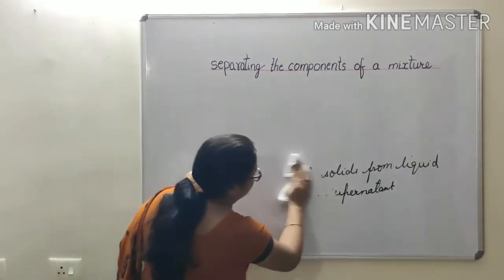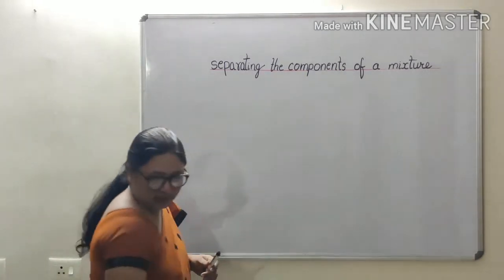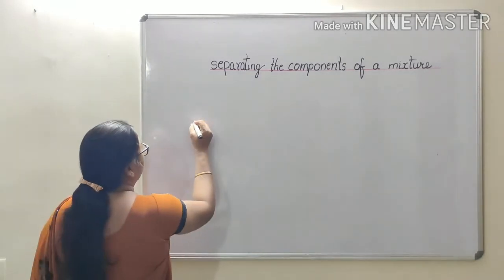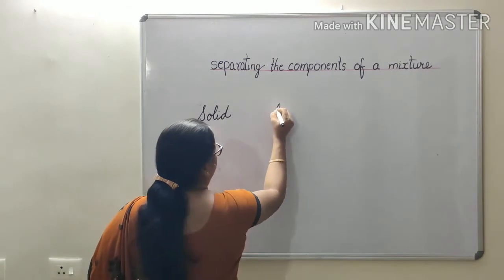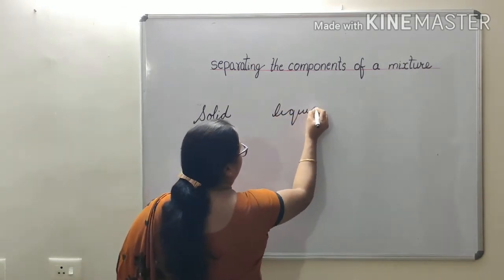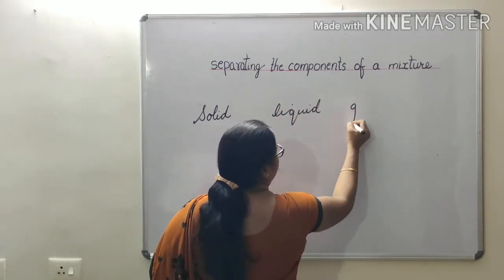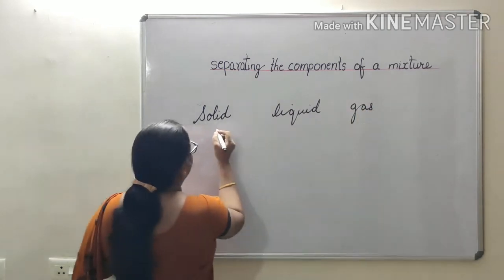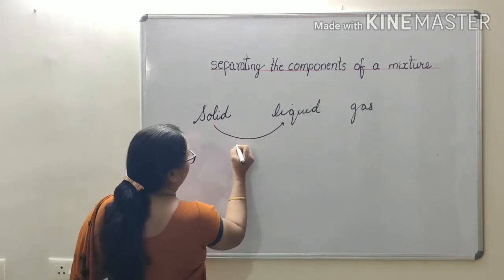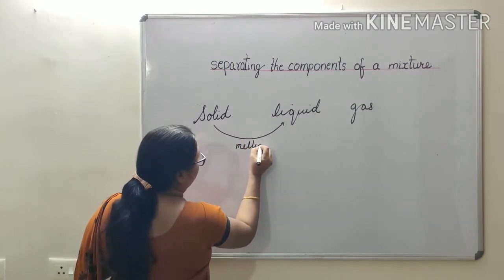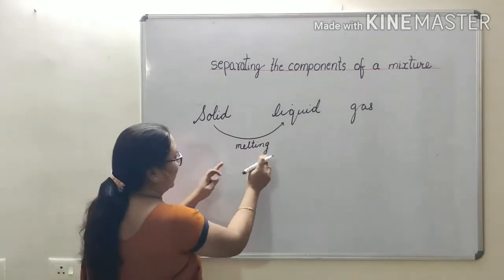Now let me go to the basics. The three states of matter are solid, liquid and gas. To change the state from solid to liquid, what are we supposed to do? The process is melting.